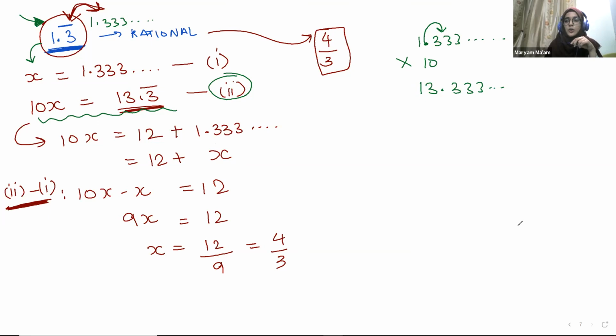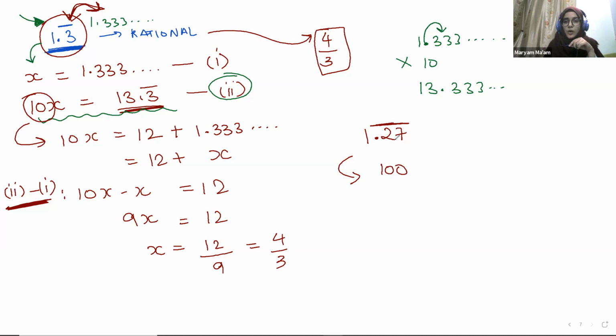All right. So I'll give you a quick homework question. How about you try out 1 point, let's say 27 bar. The trick over here is, instead of multiplying it with 10, you have to multiply it with 100.